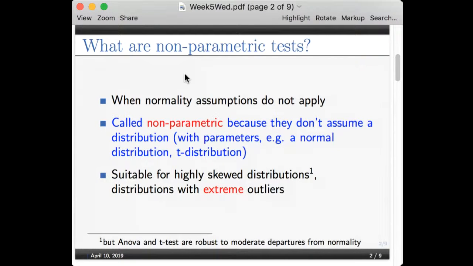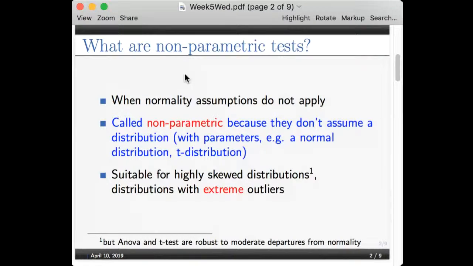So if you've got about 30 in a category, you can normally assume that the sampling distribution is normal. And that's what most of these parametric tests like the t-test and the ANOVA assume.